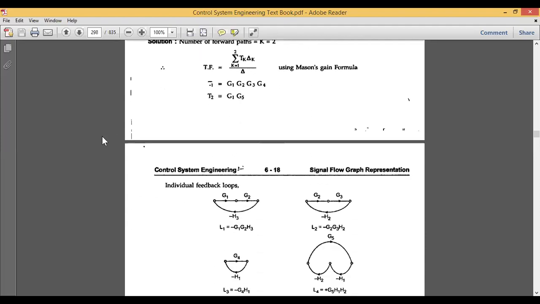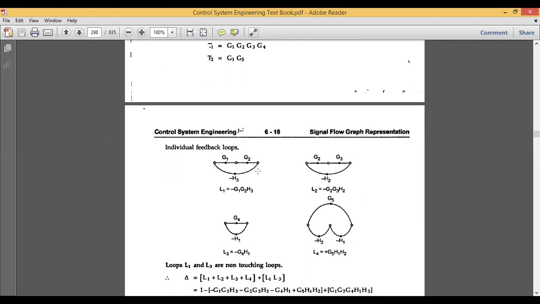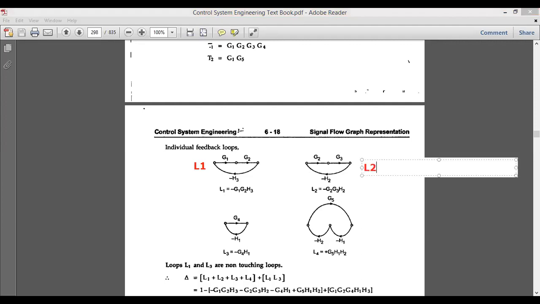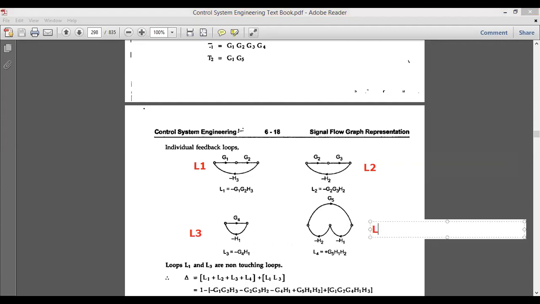So in this figure you can see here, first loop, second loop, third loop and fourth loop. So let us give the number here so that it will be more clear. So it is L1. So this is my L2, second loop, my L3, and this is L4. So I got all the 4 loops.